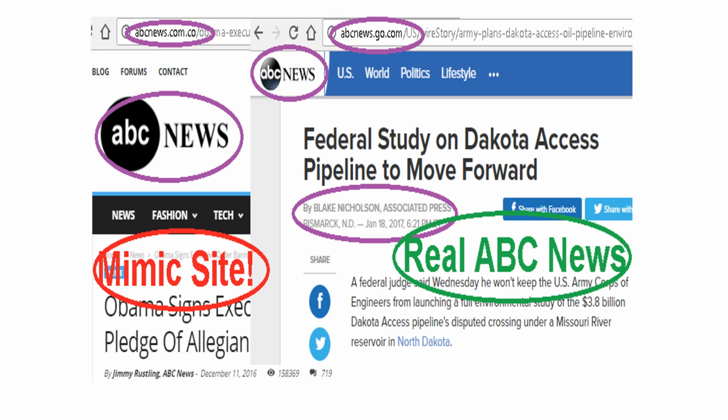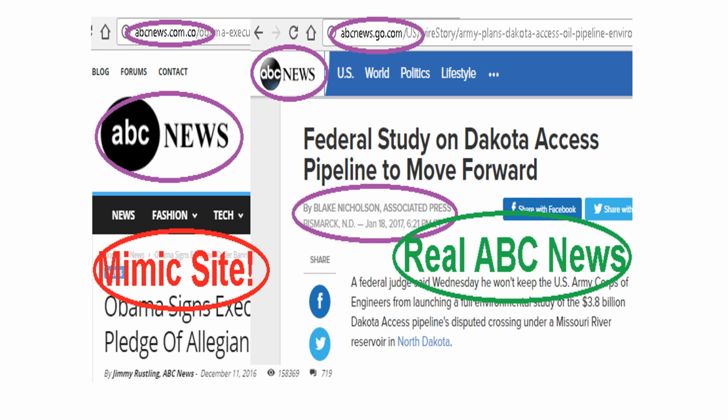It says it is ABC News, but really it is not ABC News. However, the real site is abcnews.go.com, and the logo ABC News is there, and it is different than this one.